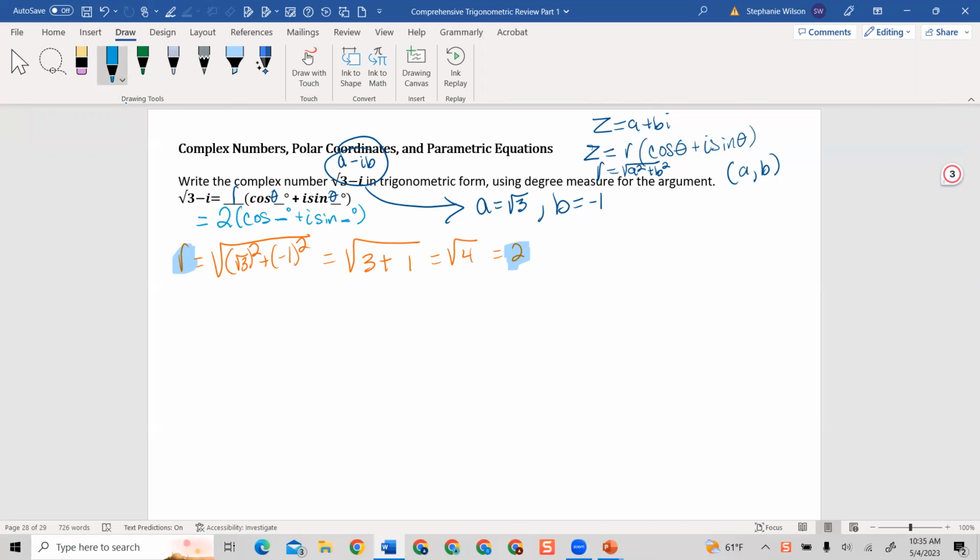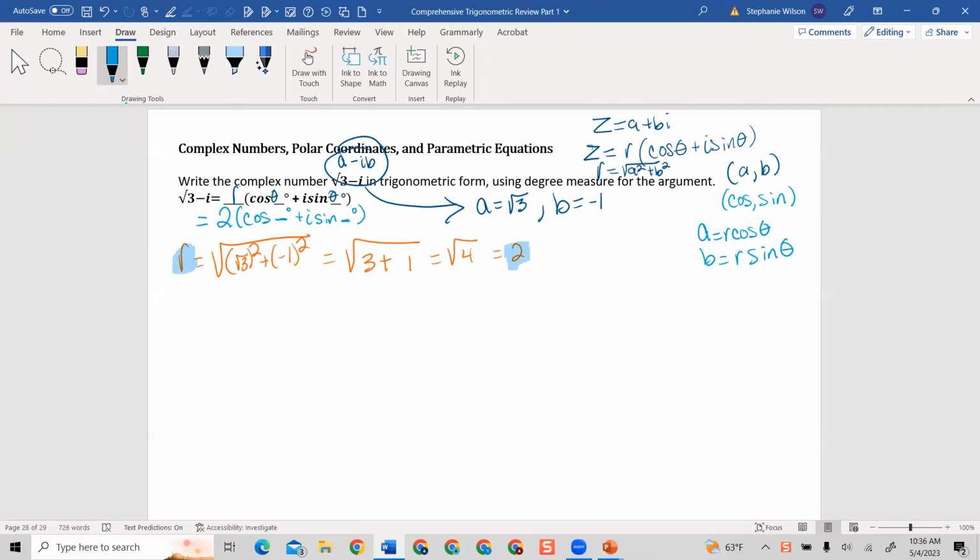What we know is in our ordered pair, we have a comma b, and we know it's cosine comma sine. So that means a equals r cosine, and don't forget the angle, and then b equals r sine. We know that much.